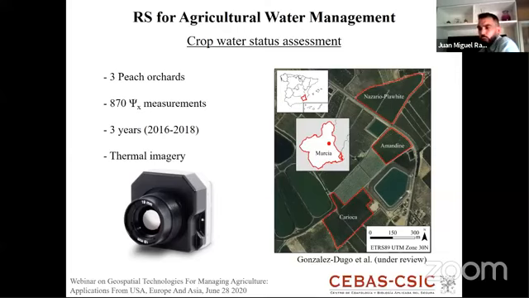This study was performed on 3 peach orchards located in Murcia, Spain, where 870 stem water potential measurements were carried out in 3 years, concentrated in a total of 6 days. Additionally, thermal imagery were obtained in July-August of 2016-2018 using a FLIR thermal camera on board an aircraft.